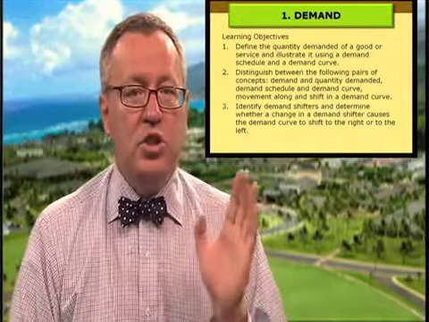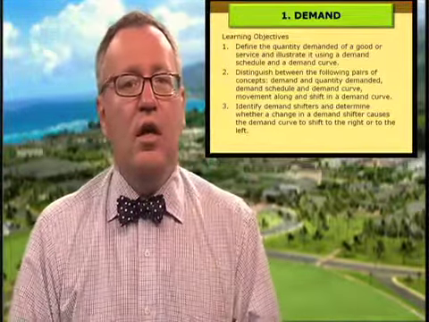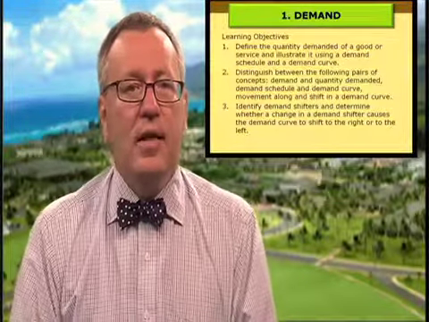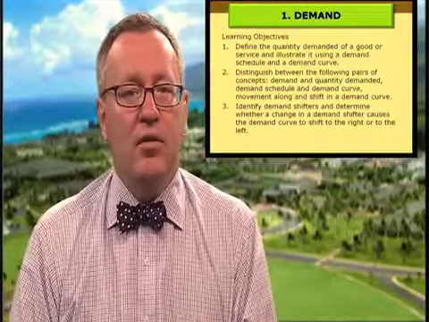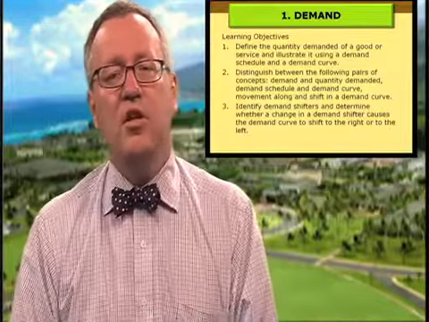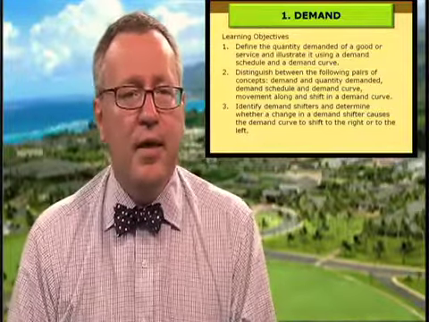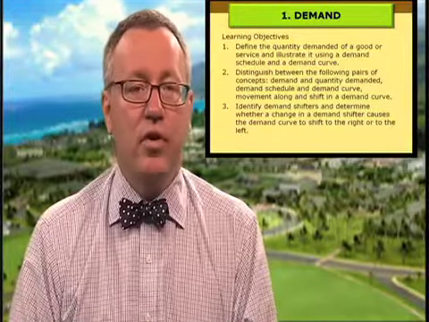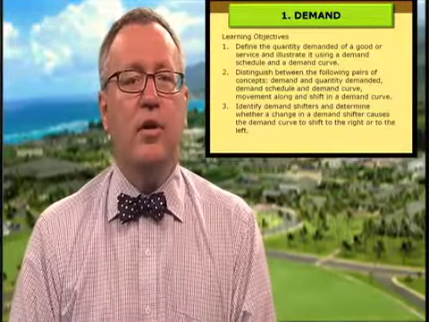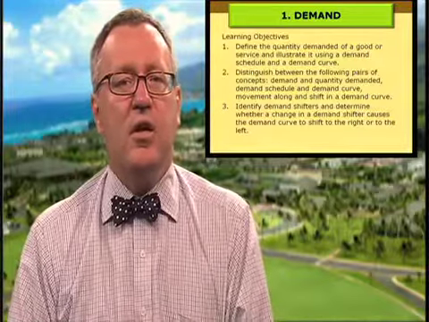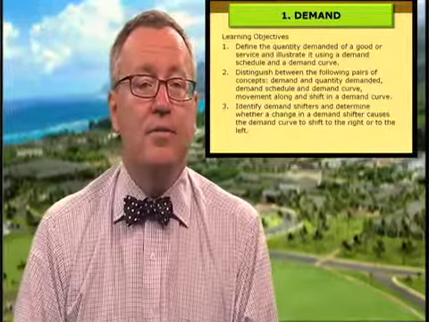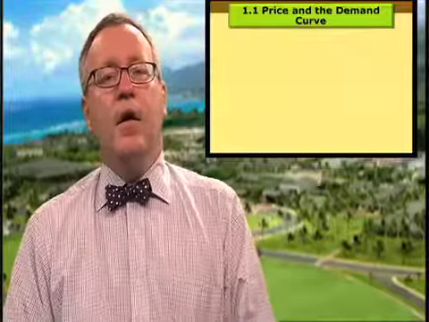Demand, which is a shift of a curve, quantity demanded, which is movement along a line, demand schedule and a demand curve, movement along and a shift in the demand curve. Number three, we're going to identify demand shifters, things that move curves, and determine whether a change in demand shift causes the demand curve to move right or left, and what that means.